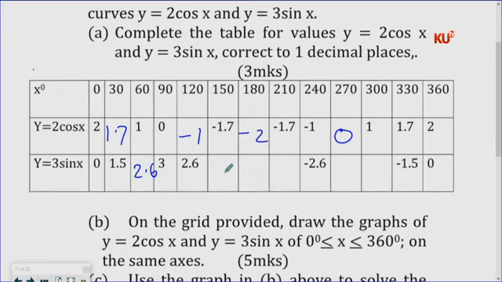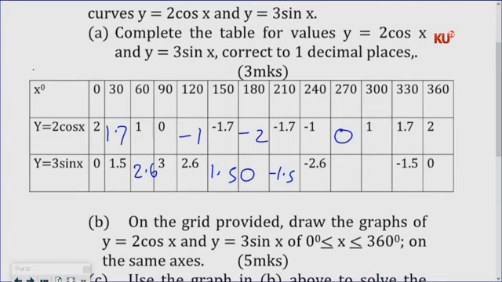150, that is 3 sine 150. That is 1.5. Thank you. Let's move to 180. 3 sine 180, you get 0. Next is 210 degrees. You get negative 1.5.